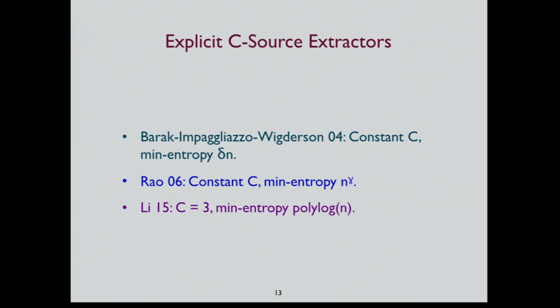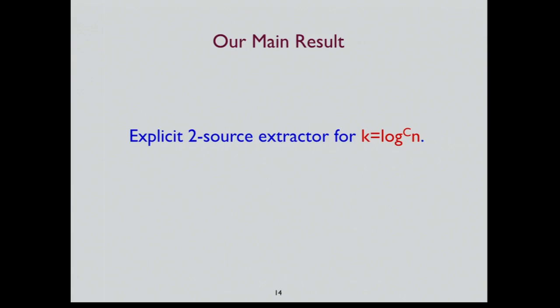And Li, in several works, got it down to just 3 sources with polylogarithmic min entropy. So this is a very nice result. It's a great result, but you can't view it as a matrix anymore. Now it's a 3-dimensional object. So 2 sources sort of seems special. So in our main result, we succeed in building a 2-source extractor for polylogarithmic min entropy.